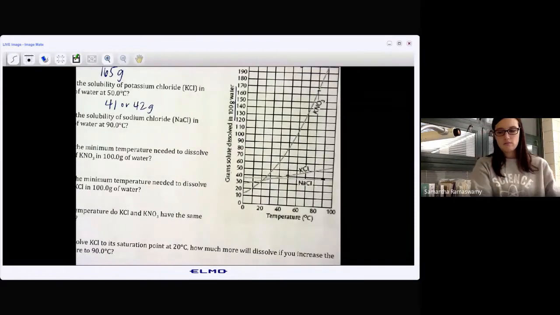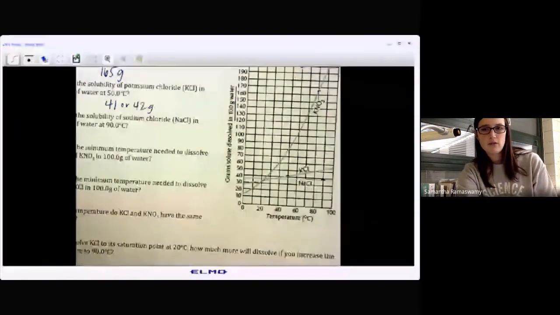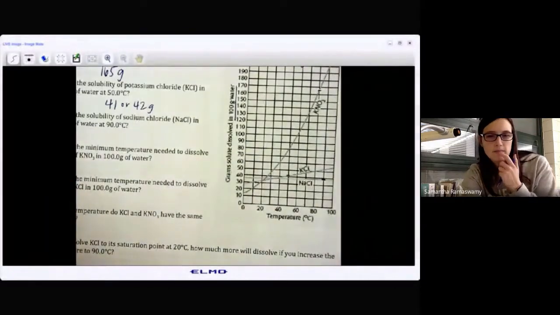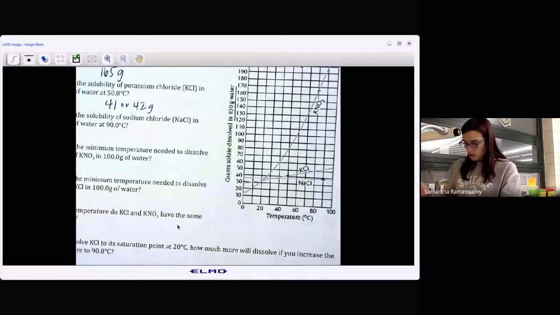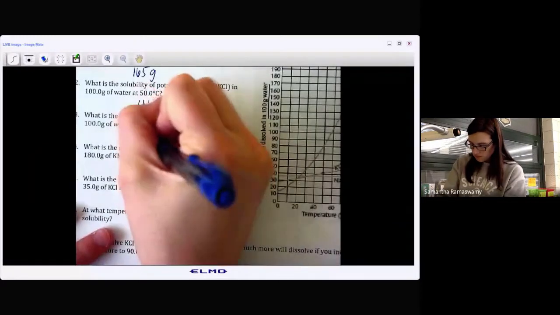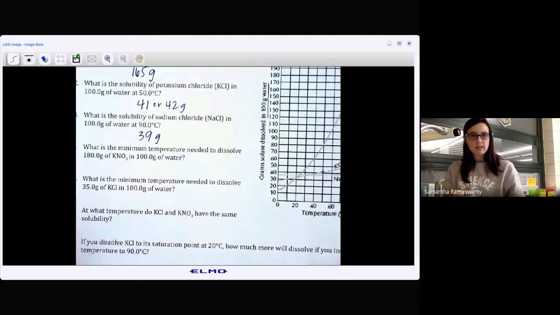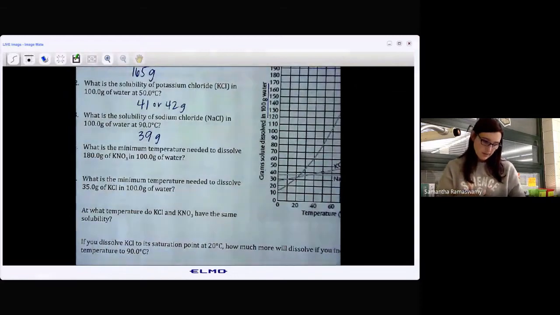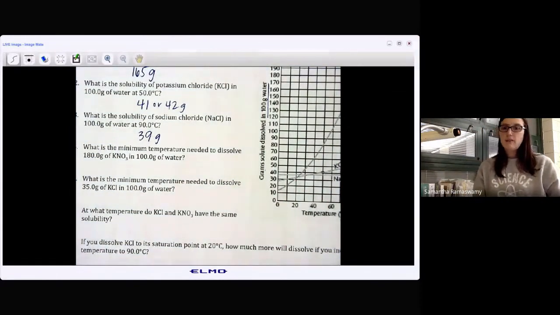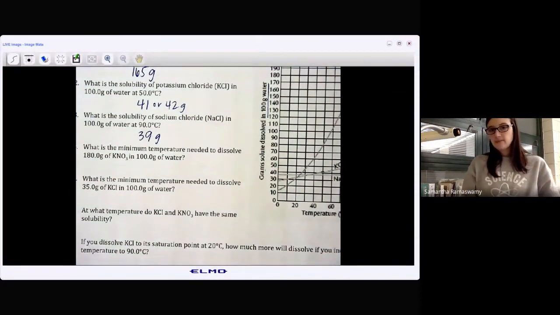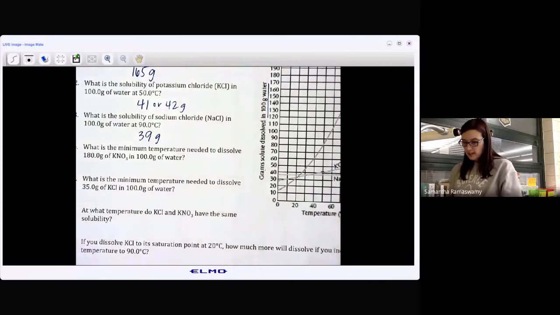What would you read that to be if it's just under 40? Maybe 39? All right, so when it's asking about the solubility, you're just reading the graph.